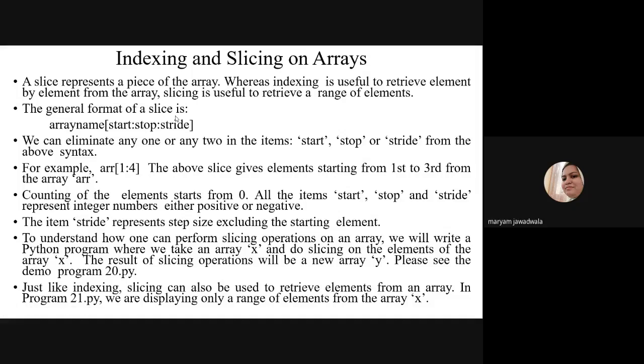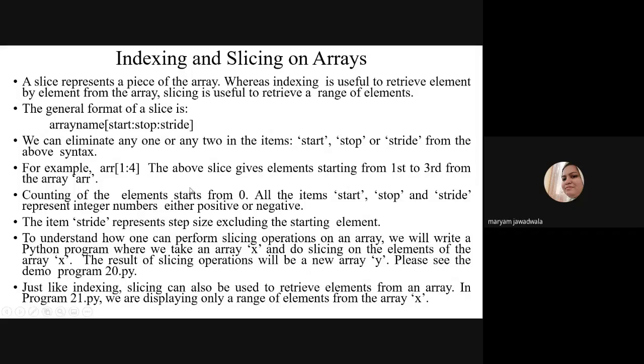Suppose I write, for example, arr[1:4], 1 is nothing but your start item, and 4 is nothing but your stop. So the above slice gives the elements starting from the first to third from the array. The name of the array is arr. Start from the first means, since array index starts with 0, it will display the elements from the second to the fourth element position.